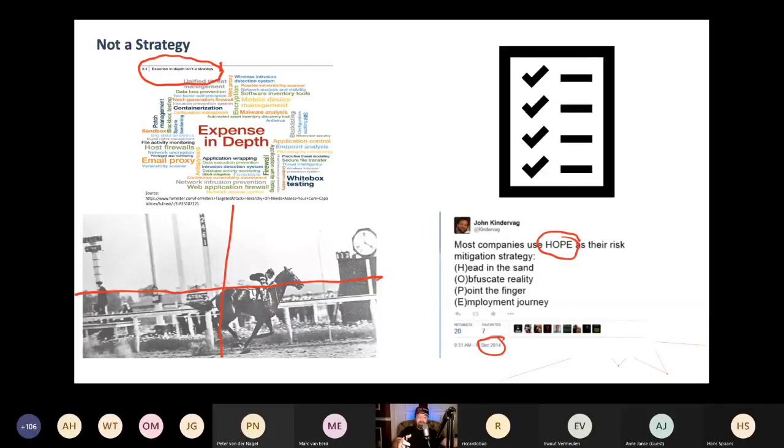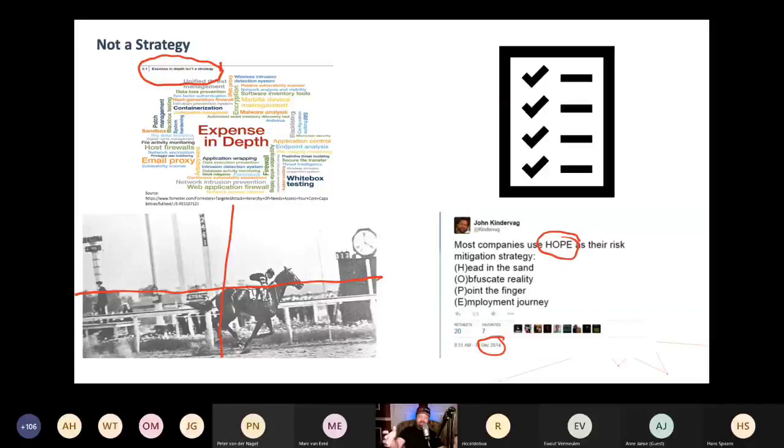And then the P is point the finger at somebody else. We've seen this recently with both the FireEye and the SolarWinds thing, where both the CEOs pointed the finger at low-level people in their organization. Oh, it's their fault. And E is the employment journey. Typically, those CEOs get fired. The CEO of Sony, TalkTalk, Ashley Madison, head of OPM, CEO of Target, they all got fired because of data breaches.